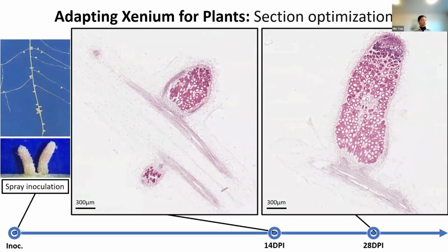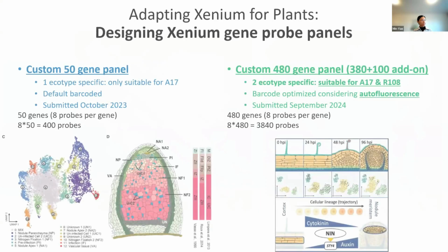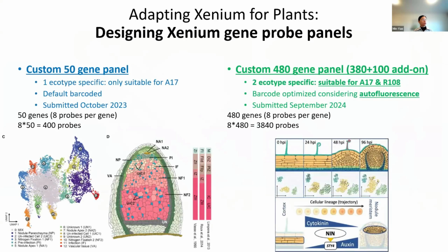Once you optimize your section thickness according to different tissue characteristics, the next thing to consider is your probe panel. We start with a small probe panel, a 50 gene panel, to test at the mature stage how different cell type marker genes that have already been identified in a single cell data set perform in the spatial transcriptome methods.